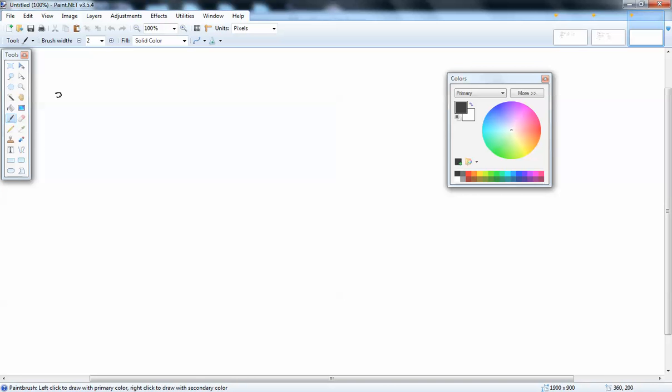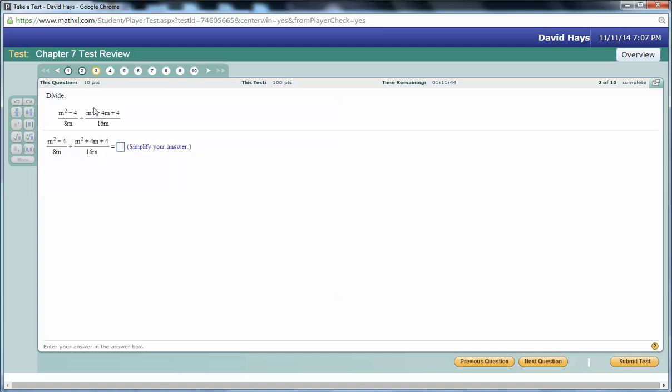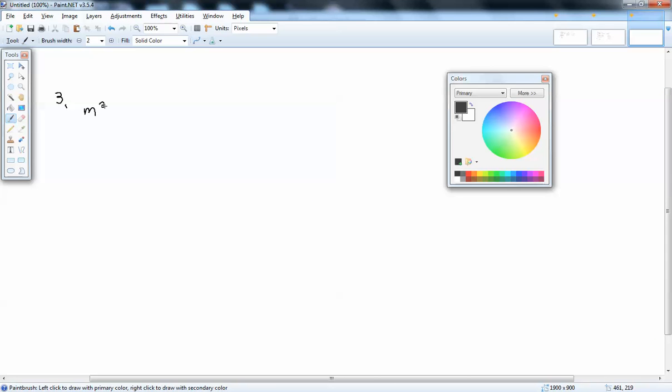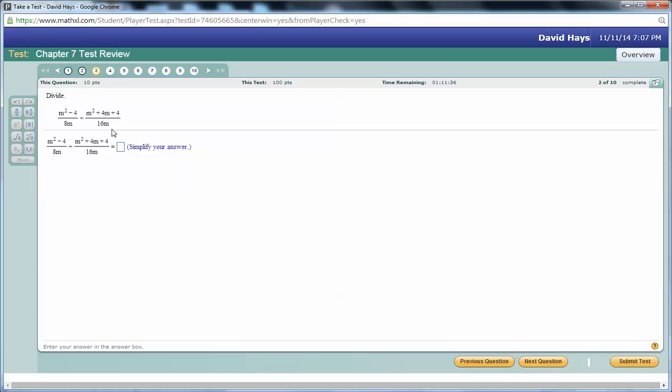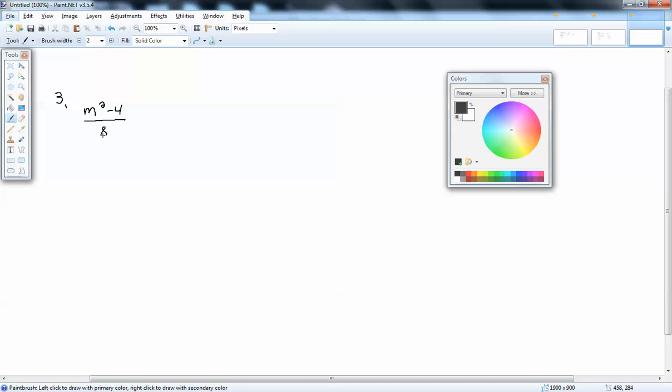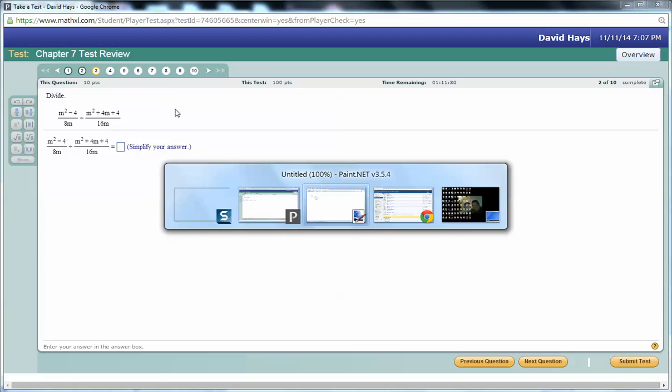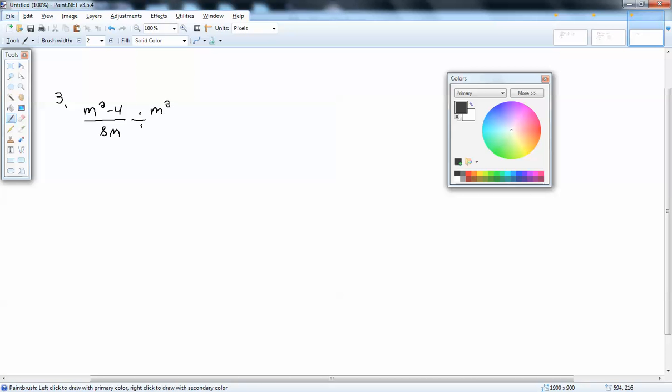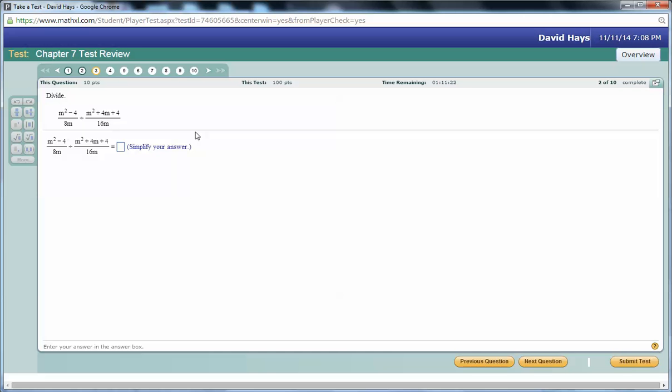Problem number 3. We've got m squared minus 4 over 8m divided by m squared plus 4m plus 4 all over 16m.